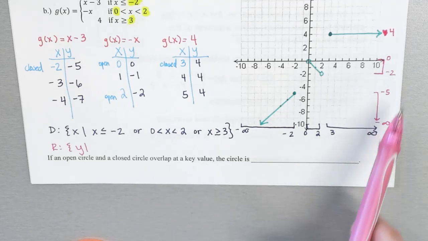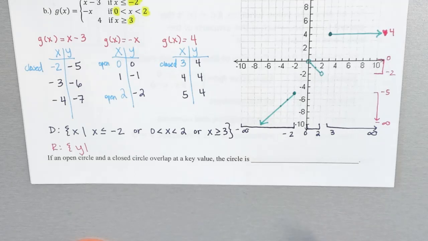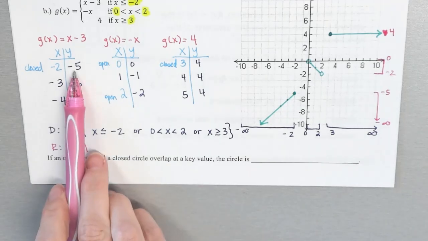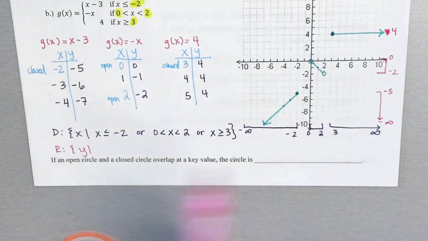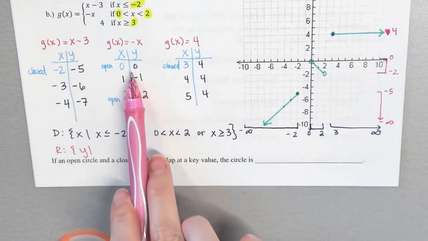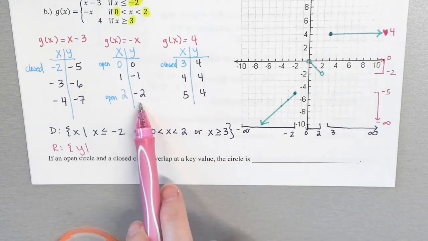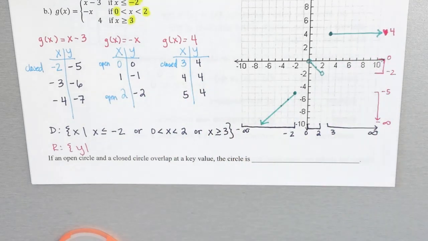So you have 0, negative 2, negative 5. They're just the y values for the key values. So you have negative 5, that's your key value, the y value. 0, negative 2, 4. So they're the y values for your key values.